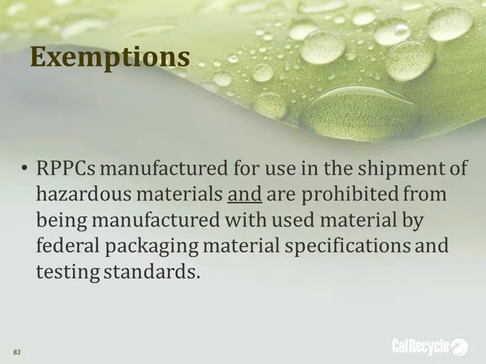A fourth category of RPPCs that are exempt from the regulations are RPPCs that are manufactured for use in the shipment of hazardous materials and are prohibited from being manufactured with used material by federal packaging material specifications and testing standards set forth in Title 49 of the Code of Federal Regulations.